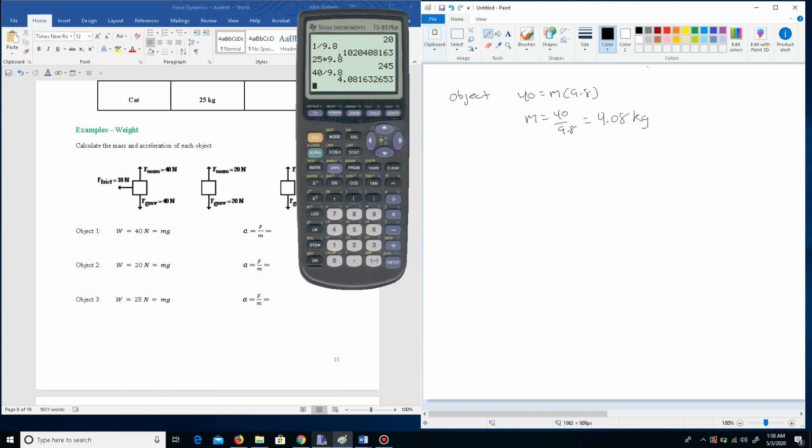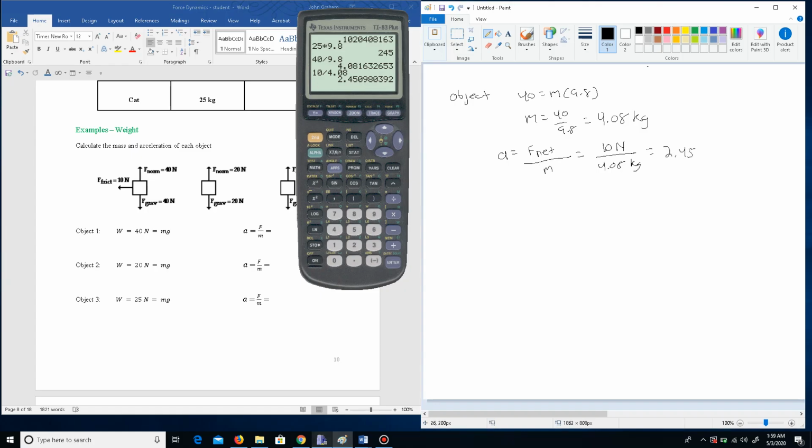If we want to find the acceleration here, the acceleration is going to be the net force over the mass. Mass is 4.08. The net force was 10 newtons. That was the only force in the x direction. There was no net force in the y direction because these two canceled out. So you get 10 newtons divided by 4.08, and you get 2.45.